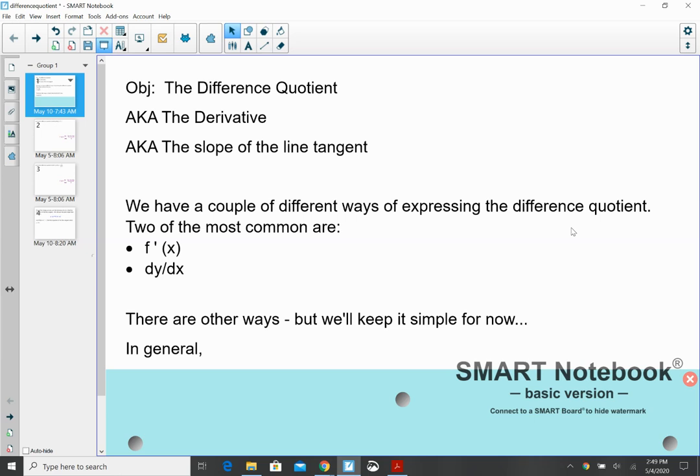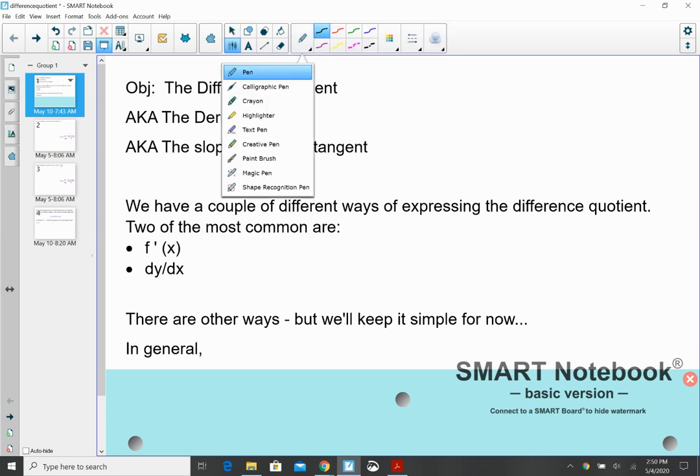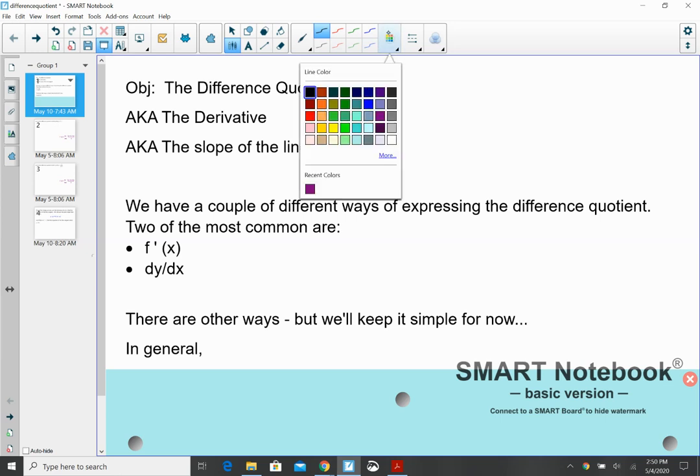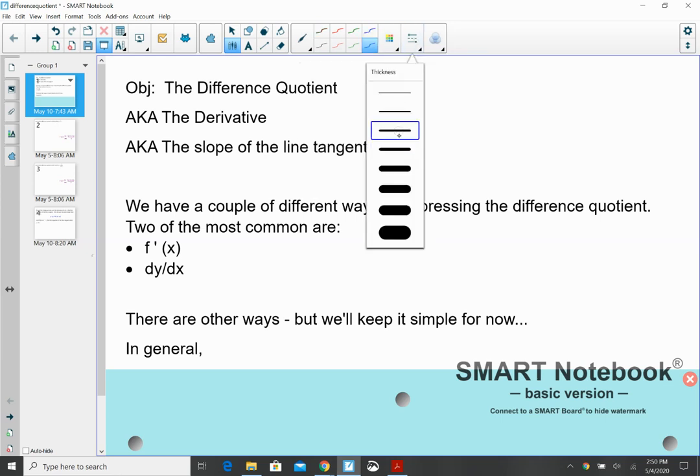Now, as far as notation goes, we can express things in a couple different ways. One way, as it says right here, is f prime of x. If f of x represents a function, then we definitely can use f prime to represent the difference quotient. And also, we can have dy dx.